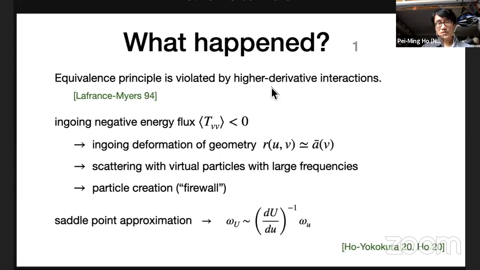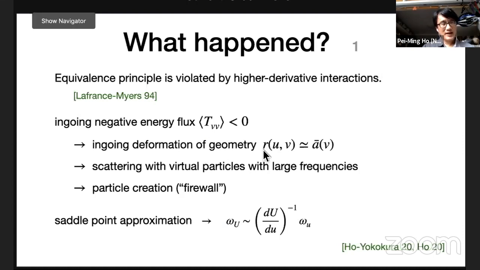This is known in the past. The equivalence principle only works for second derivative equations of motion. When you have higher derivative interactions, the equivalence principle is violated. There is an example of this for the coupling between electromagnetic waves and gravity by Lafrance and Myers, in which they demonstrated this also. In general, this statement was known before, although I don't know who to cite for this.